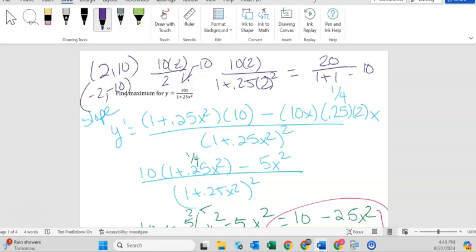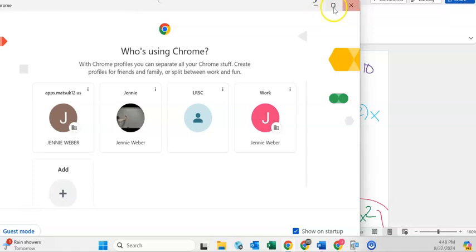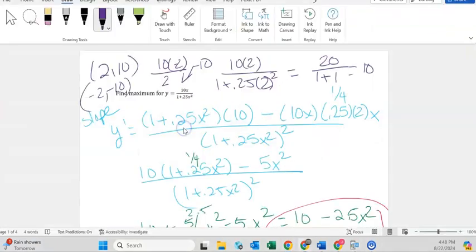Now, as a reminder, you could check this if you wanted. I'm going to bring up Desmos here. Hopefully. Come on.